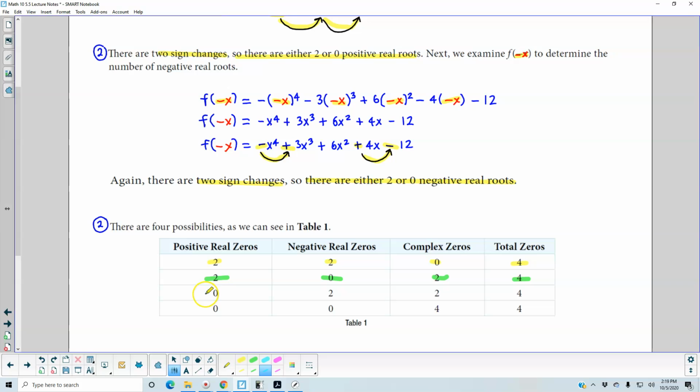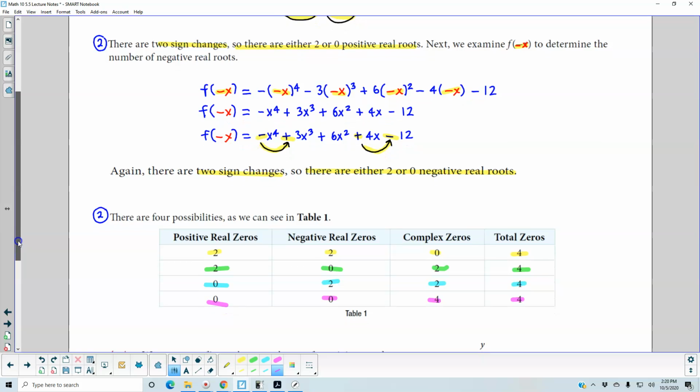Another possibility is that we have 0 positive real zeros, 2 negative real zeros, and 2 complex zeros, which would give us 4 total zeros. Or the last scenario is we can have 0 positive, 0 negative real zeros, but 4 complex zeros, which will give us a total of 4.